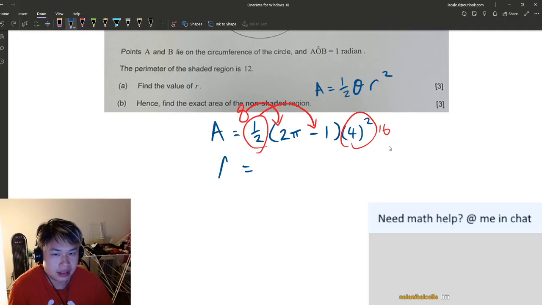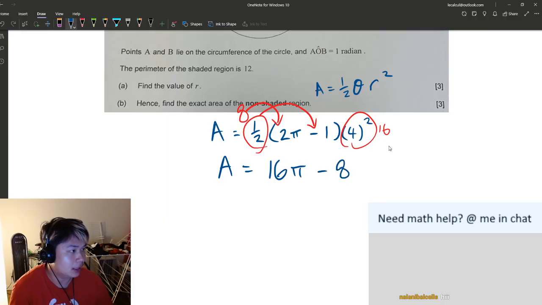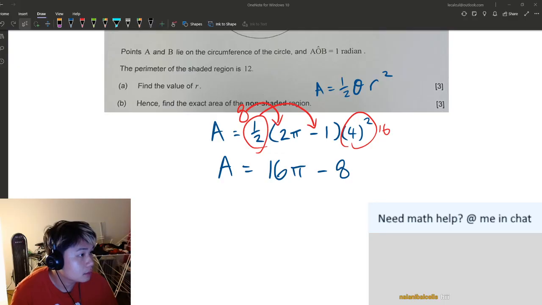So the exact value of the non-shaded region should be 16 pi minus 8, or something like that. Easy peasy. Then let's see the next question. Oh, this one's kind of weird, but it's not that bad if you know what to do.